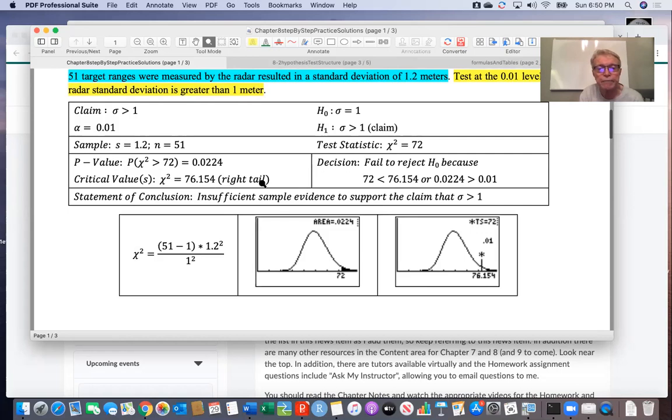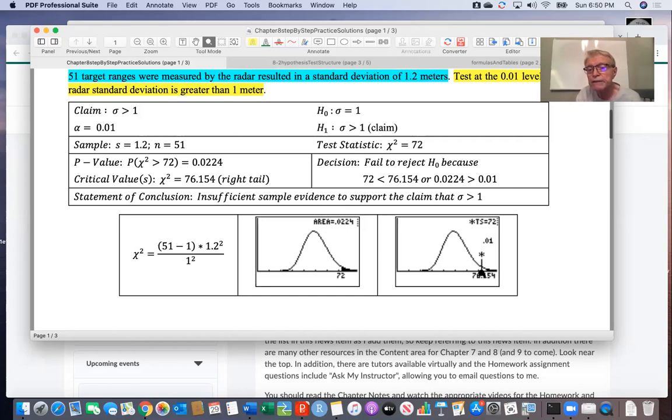I've already got the number written in here for a right-tailed test. And remember that 76.154 splits all of the test statistic values into numbers greater than that. And this is on the right, which means that is the rejection region, the critical region, and therefore we will reject if our test statistic is in that region.